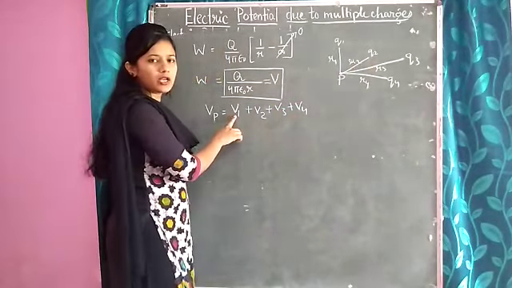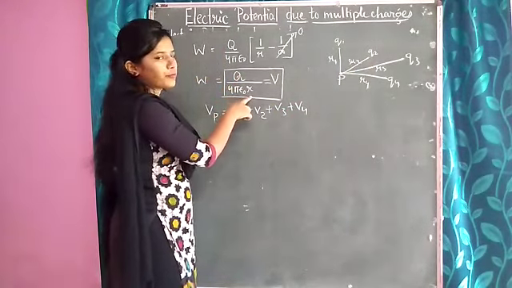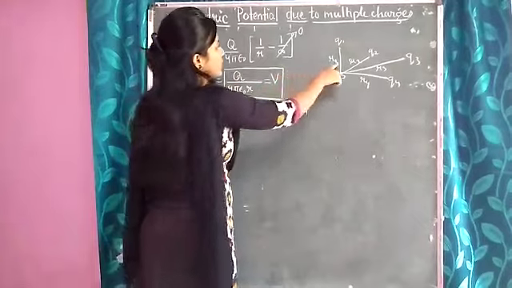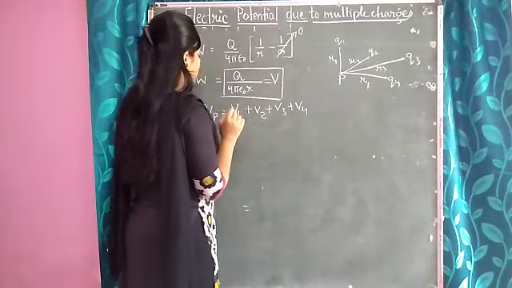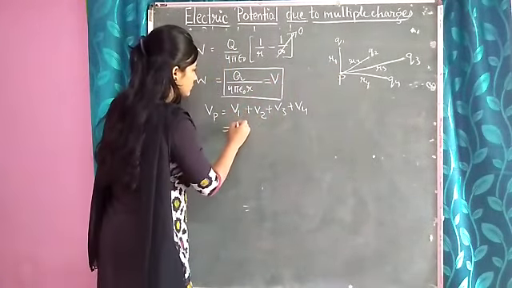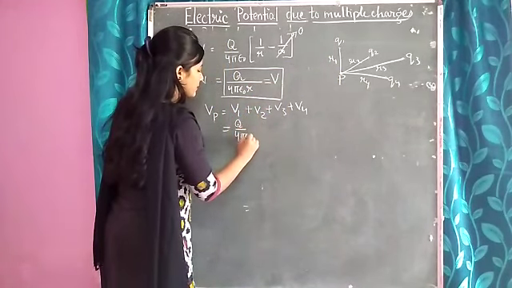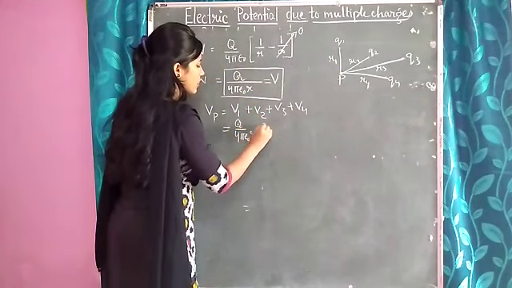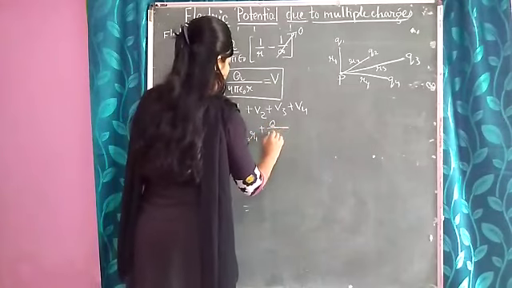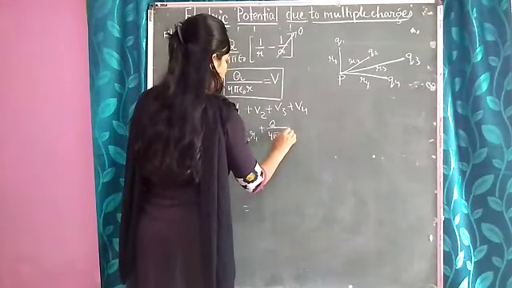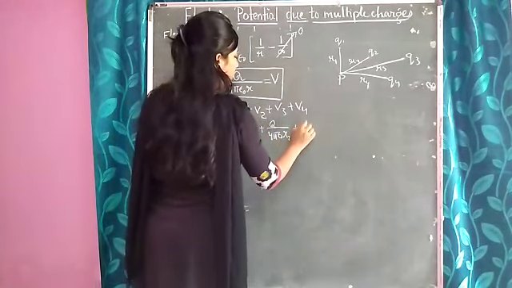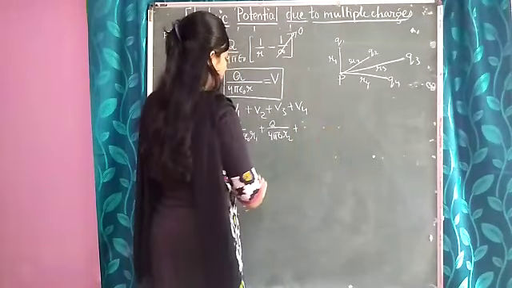V1 is Q1 by 4 pi epsilon naught R1, plus Q2 by 4 pi epsilon naught R2, and so on.